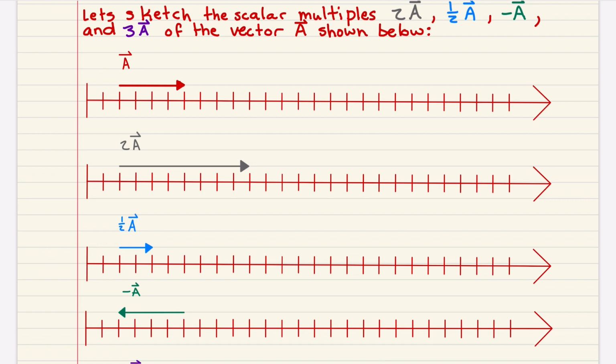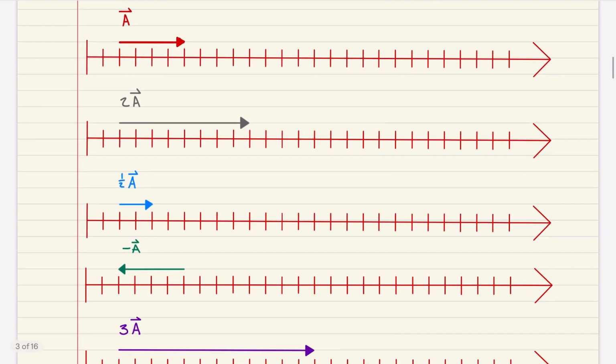Now, there is an exception to this rule. If you multiply by a negative scalar, look here in green, we actually just have a negative sign here. That's the same thing as multiplying by -1. This is the only instance in which you will change the direction of the vector. If your scalar is negative, then it's going to flip the direction of your vector. You will have the opposite direction.